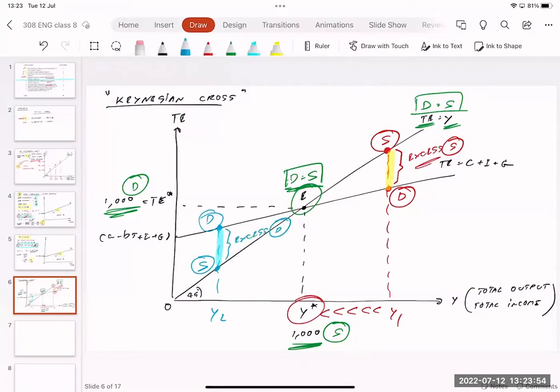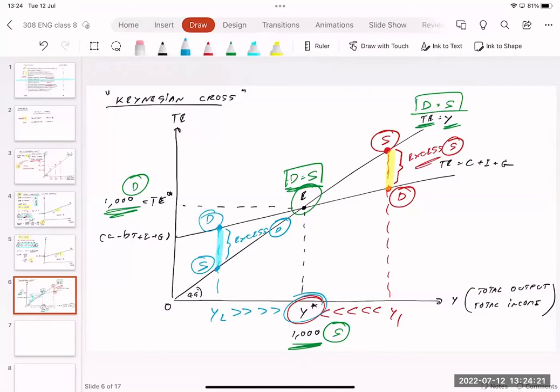People want to buy a lot, but the products we can produce are not enough. It means that we produce too little. The whole economy needs to produce more. When you produce more, Y as total output is going to move to the right until it goes back to the equilibrium point Y star again.